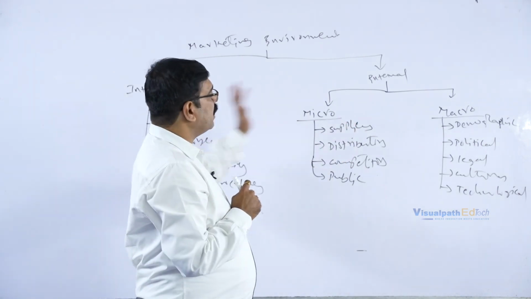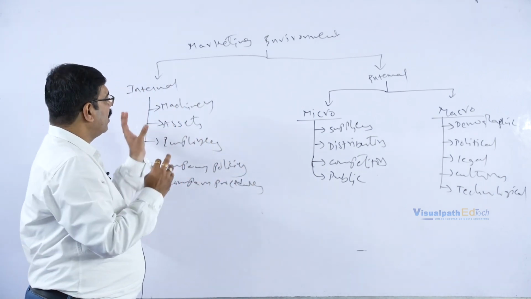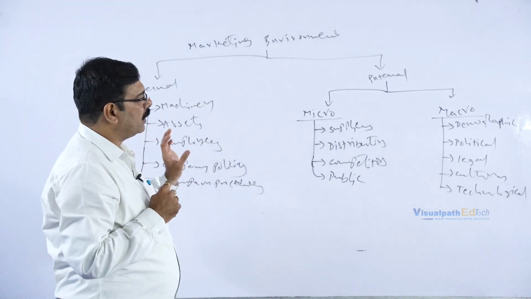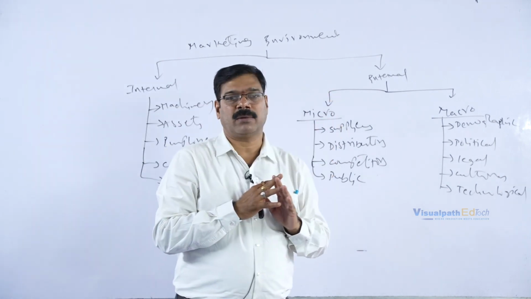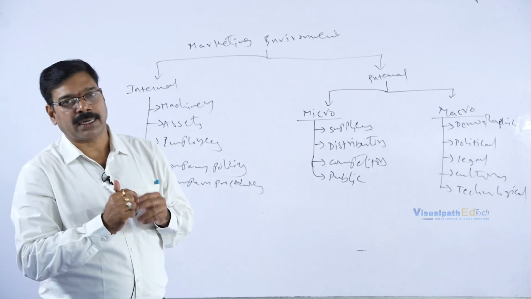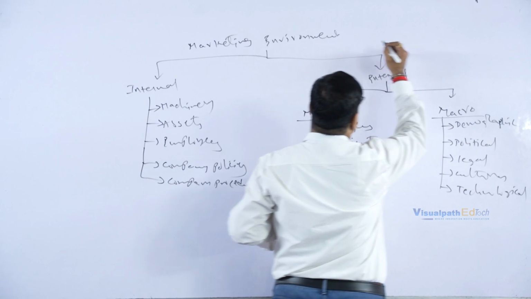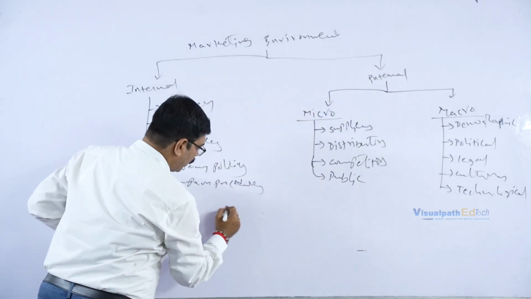So as part of the marketing environment, a marketer needs to understand the internal environmental factors as well as the external environmental factors. To better understand these environmental factors, environmental scanning needs to be done.